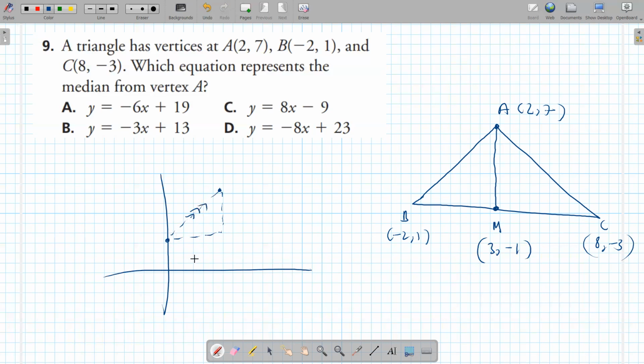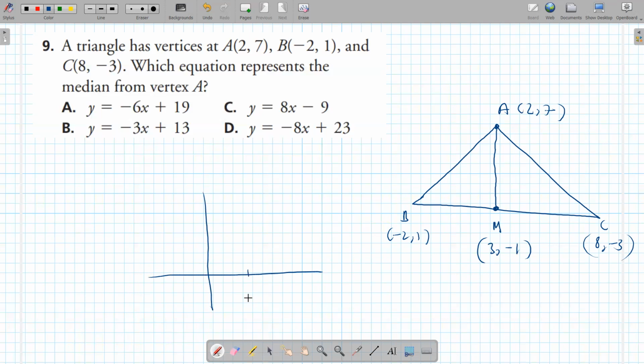What can you find? The slope, right? Rise over run. So we're going from (2, 7) to (3, -1).